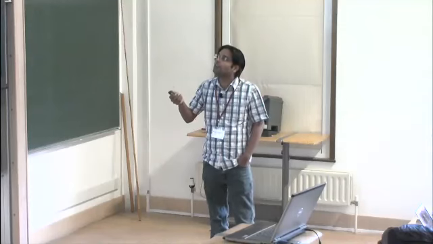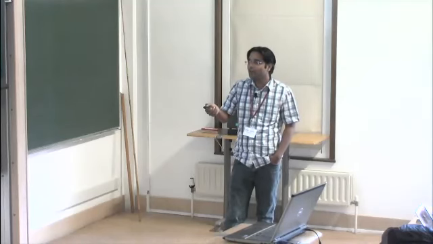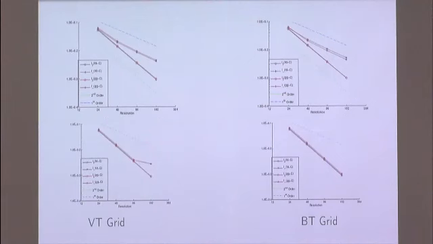In both cases, we see that now the L infinity norm is also converging, except I have some problem with the VT grid system, because in the VT grid system the L infinity norm starts becoming bad with very fine resolution. I'm not sure, maybe this is because of some accumulation of error, but for the BT grid I don't have any problems, and everything is converging with second order accuracy.